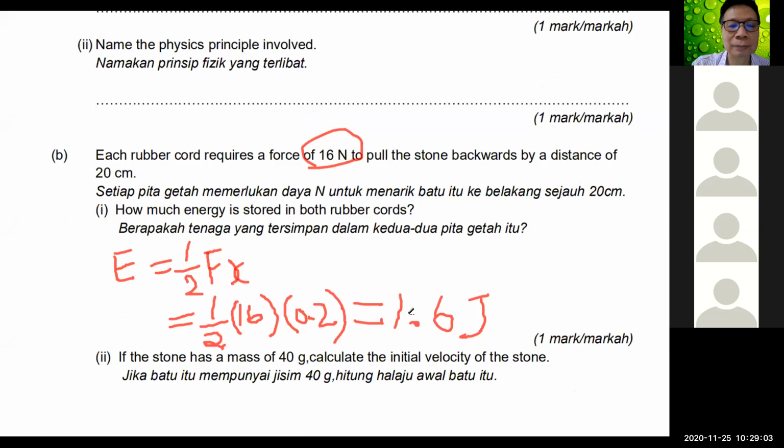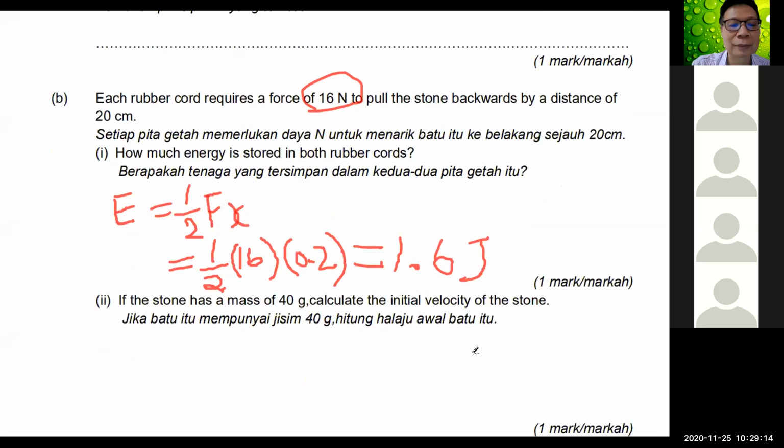Okay, next. If the stone has a mass of 40 grams, calculate the initial velocity. How to find the initial velocity? It means the moment the stone starts to fly, what is the velocity?